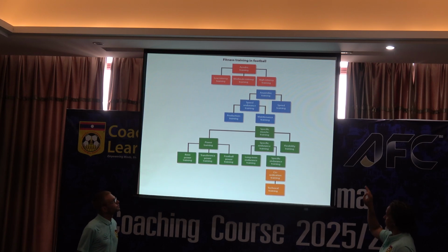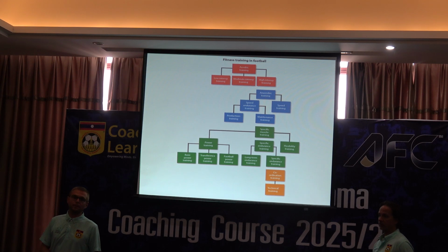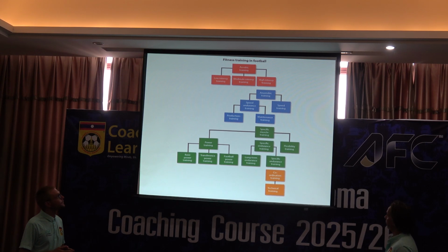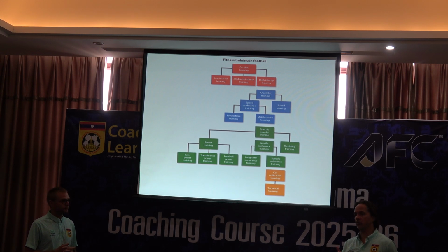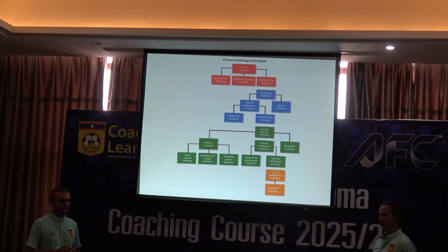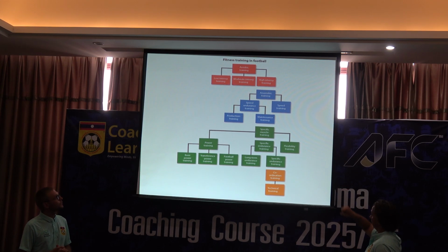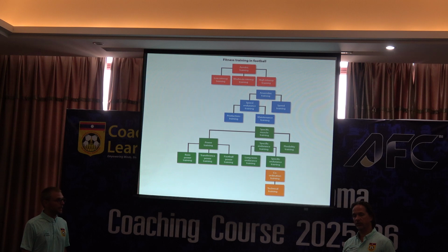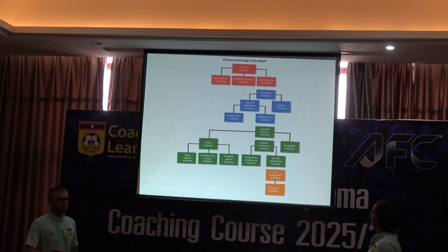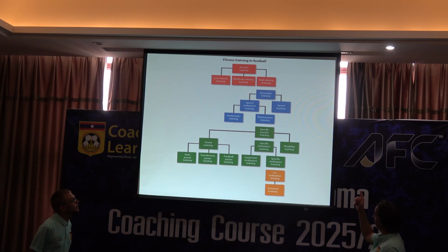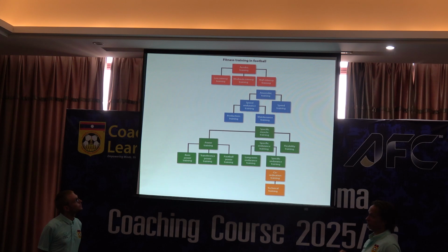Then we have the anaerobic training. Number 2, the blue one, is anaerobic. And we will primarily talk about that tomorrow. But it can be separated into speed training. So speed training is part of anaerobic training. And then it can be speed endurance training.